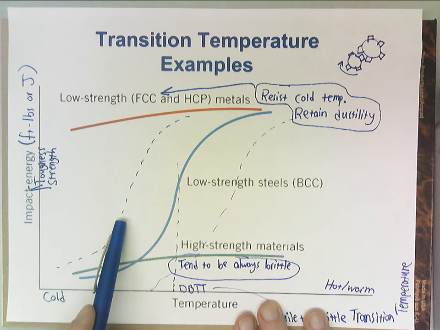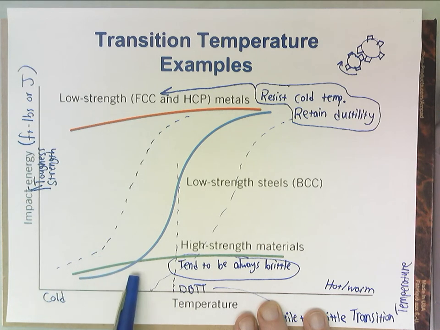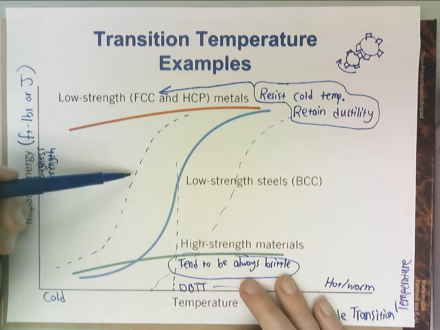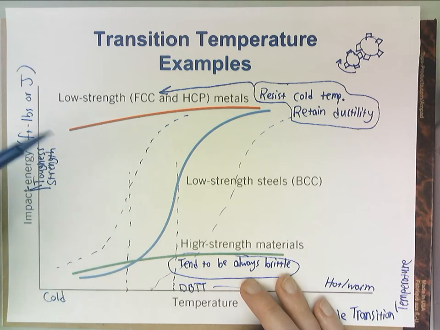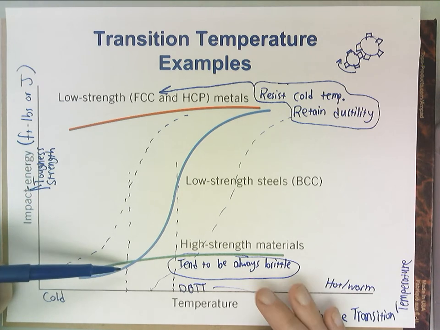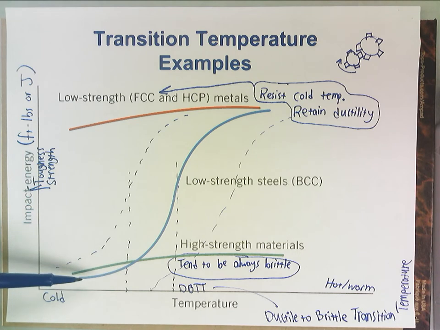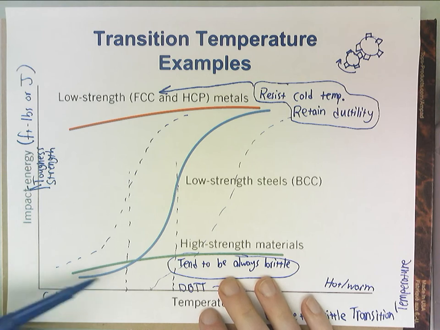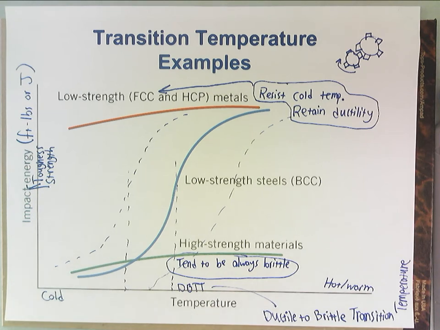This one gives me the highest toughness at some of the coldest temperatures. So I've still got half my toughness when this curve is almost flatlined on its toughness, and this one over here it'll eventually flatline and reach a minimum toughness, which is going to be like throwing a glass cup against the wall or something. Right? So if we're down here, we're going to behave like somebody taking a hammer and hitting a glass window.